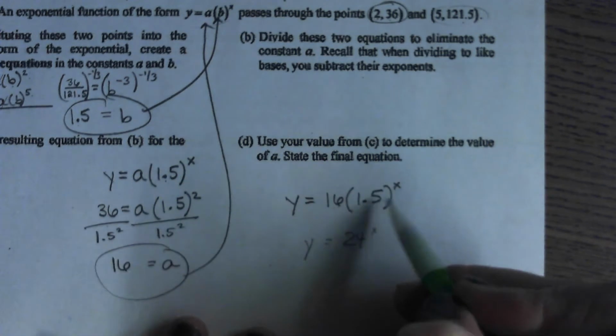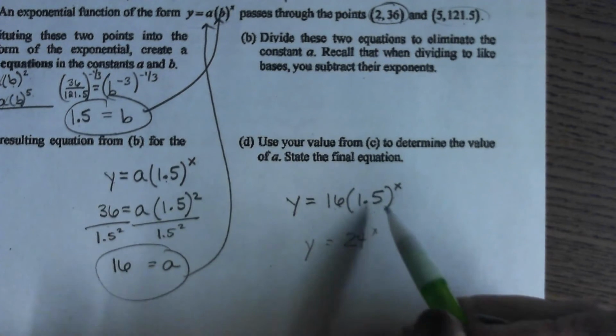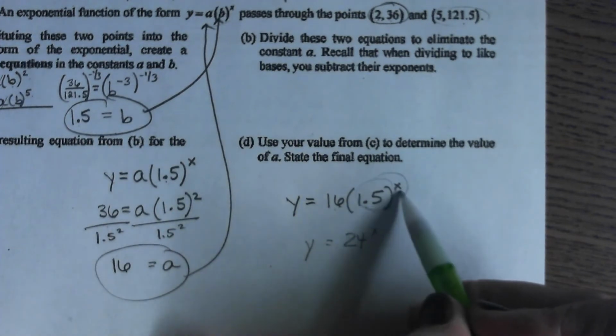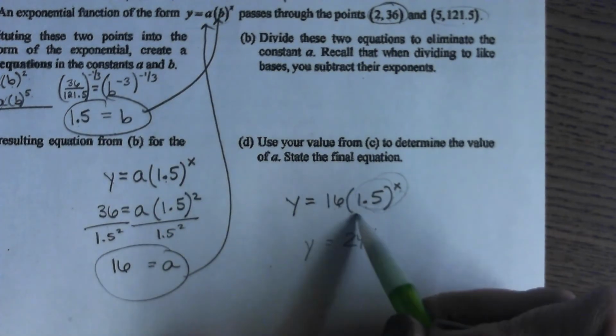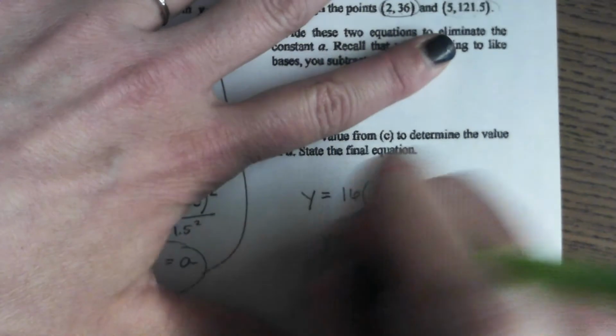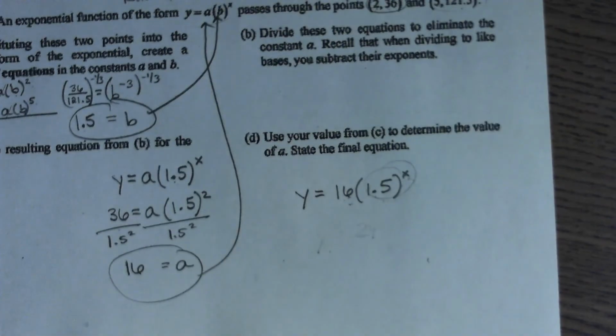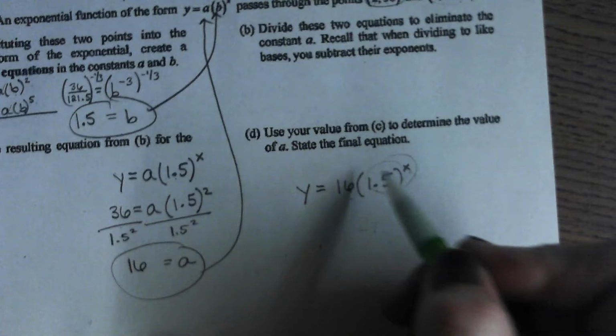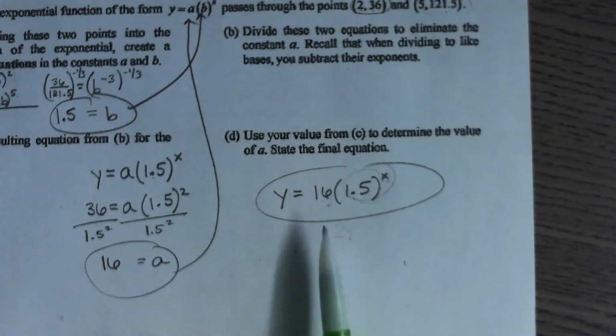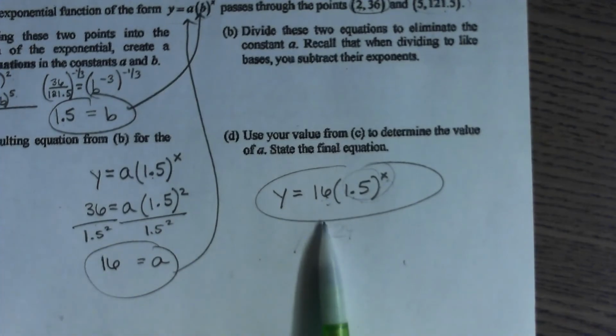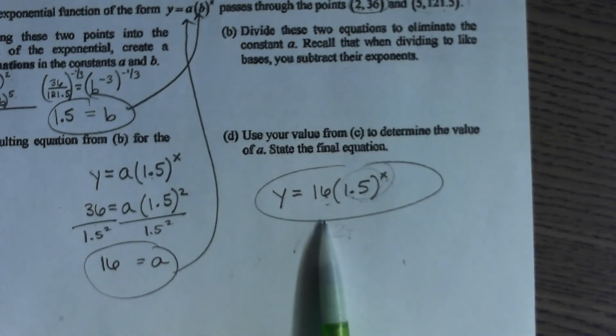Right, the 1.5 has to be written. The order of operations says exponents have to happen before multiplication. So I can't multiply those because then I'd inadvertently be bringing the 16 to the x power as well, and I don't want to do that. So keep it separate. So what's the y-intercept of this function? 16. Is it growth or decay? Growth, because that's greater than 1. Good?